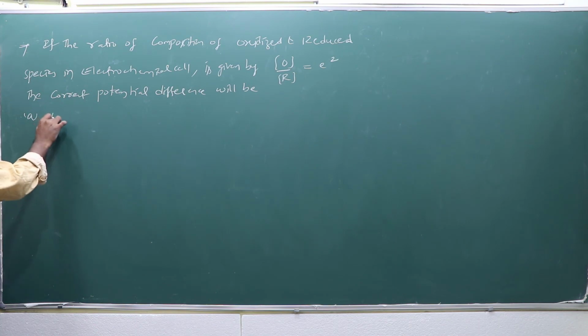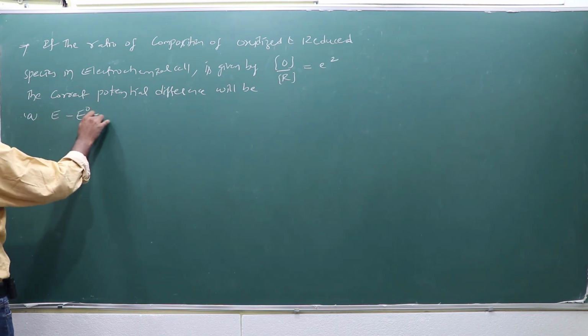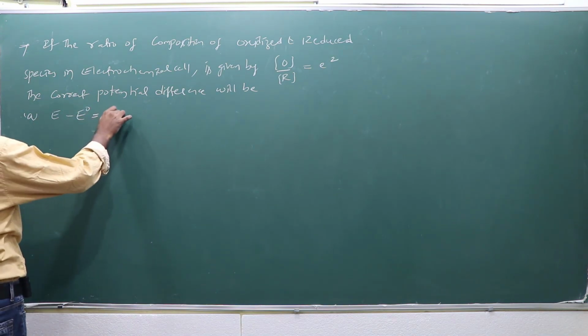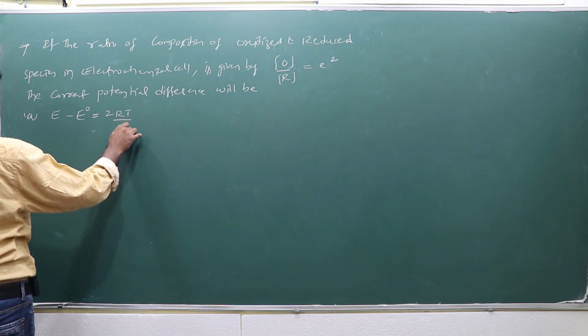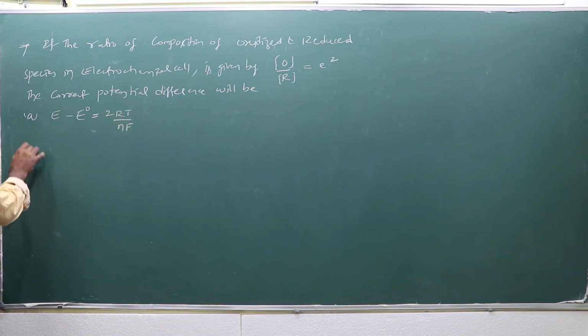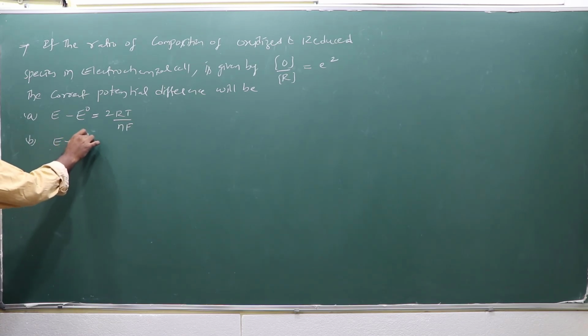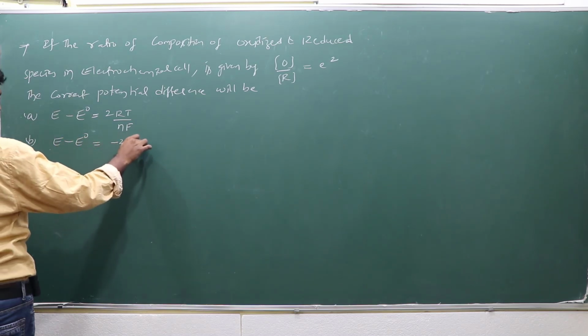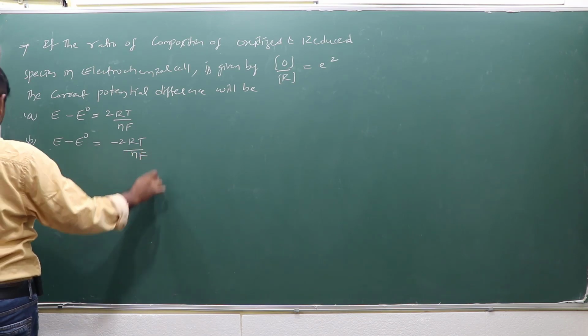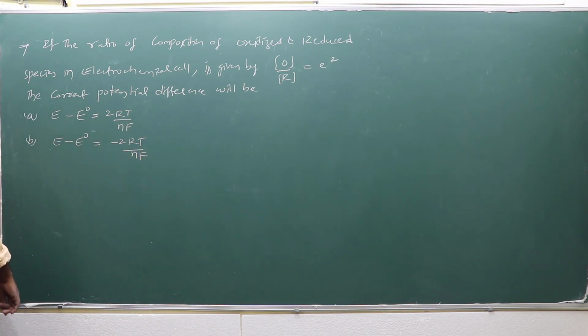Option A: E minus E naught is equal to 2RT by NF. Option B: E minus E naught is equal to minus 2RT by NF.